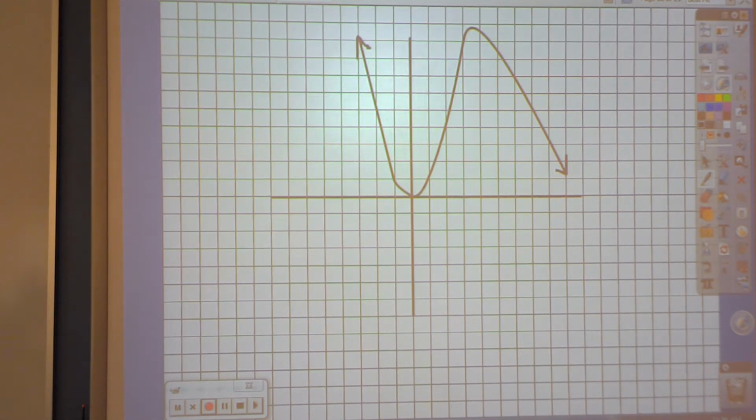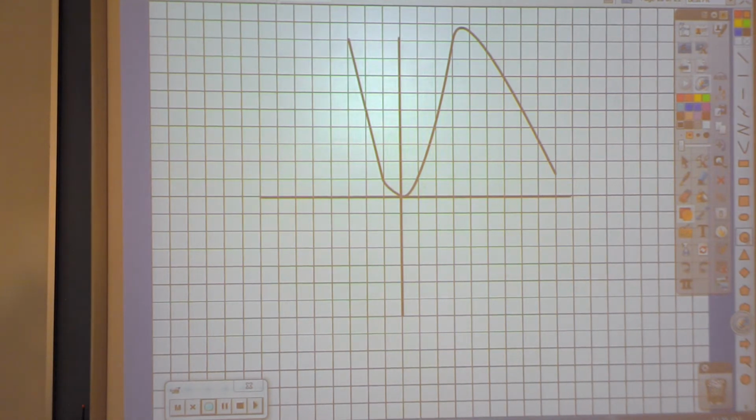So, let's change it a little bit. When the arrows are on the line, the domain will be all real numbers, but the range won't always be all real numbers. I'll show you an example here in just a minute where it's not.